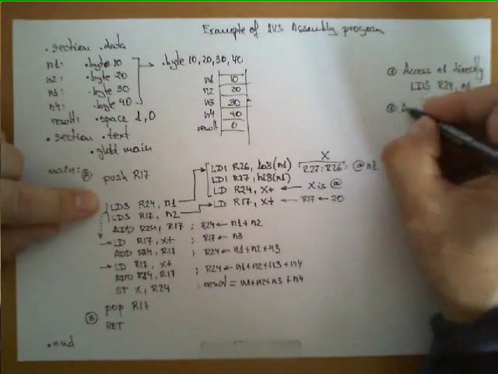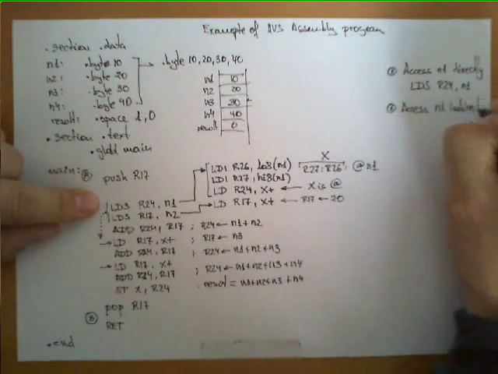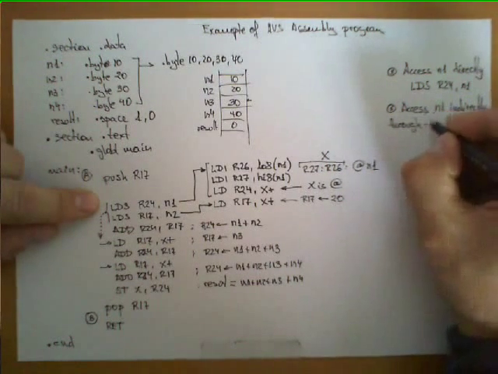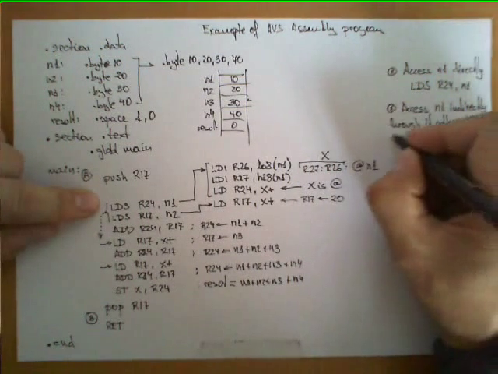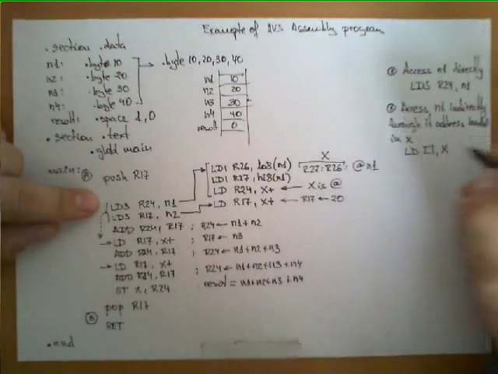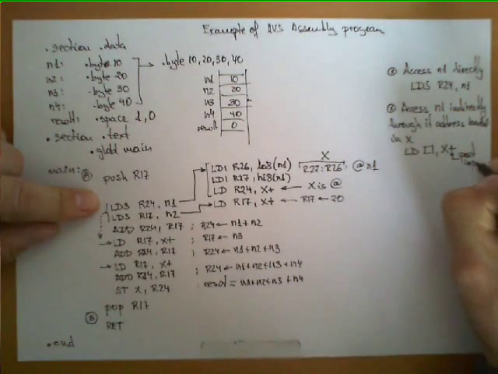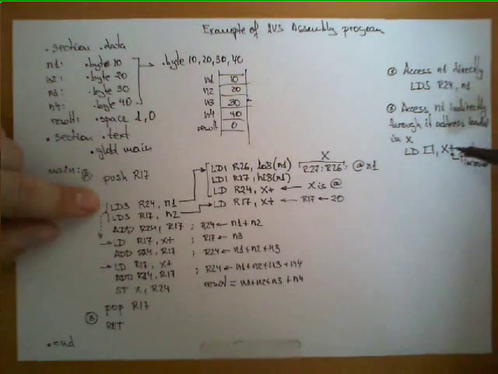But I can also access N1 indirectly through its address loaded in X, and that was instruction LD, then you give a register and X. And I can add this, which is called a post increment, which by the way is optional, you can use it or not, but if you plan to access the following data in memory, it's very convenient because it leaves the register already modified and pointing to the next data.